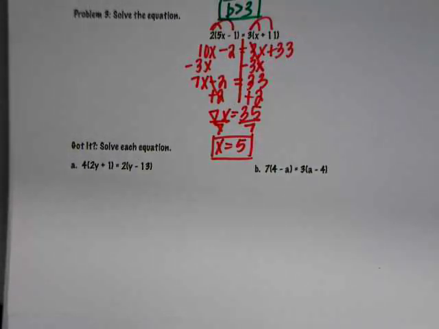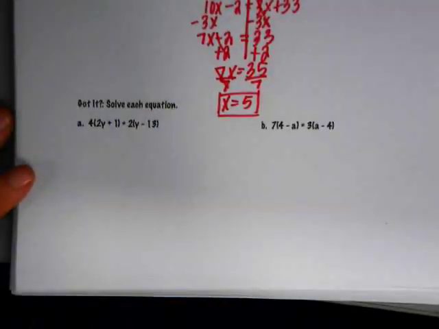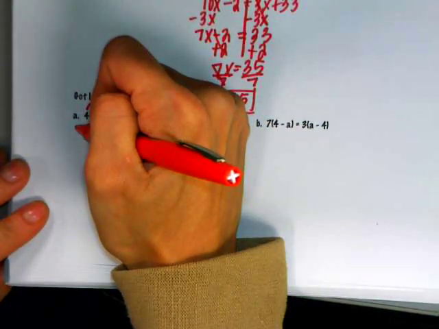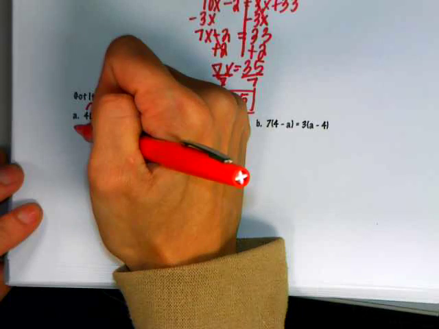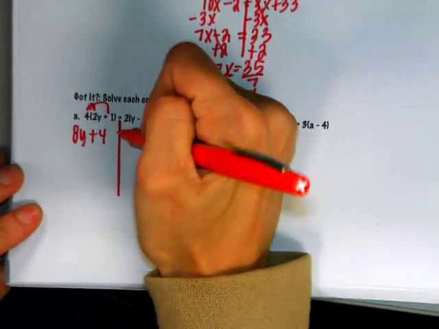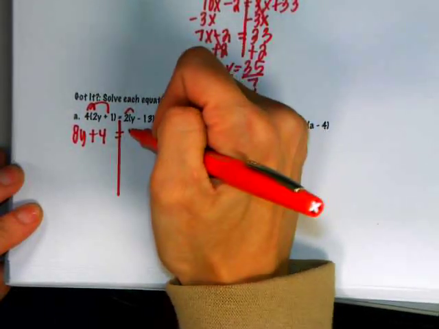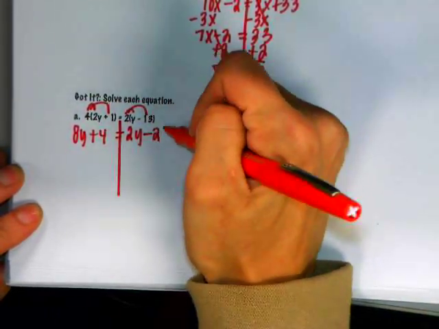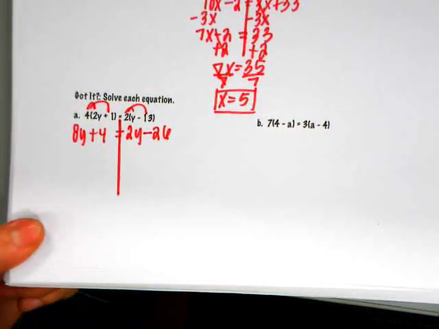Okay, we good? Okay. All right, so for A, 4 times 2y? Yep, 8y. 4 times 1? 4. 2 times y? 2y. 2 times negative 13? 26, yep. Okay, so then we have to move the 2y.